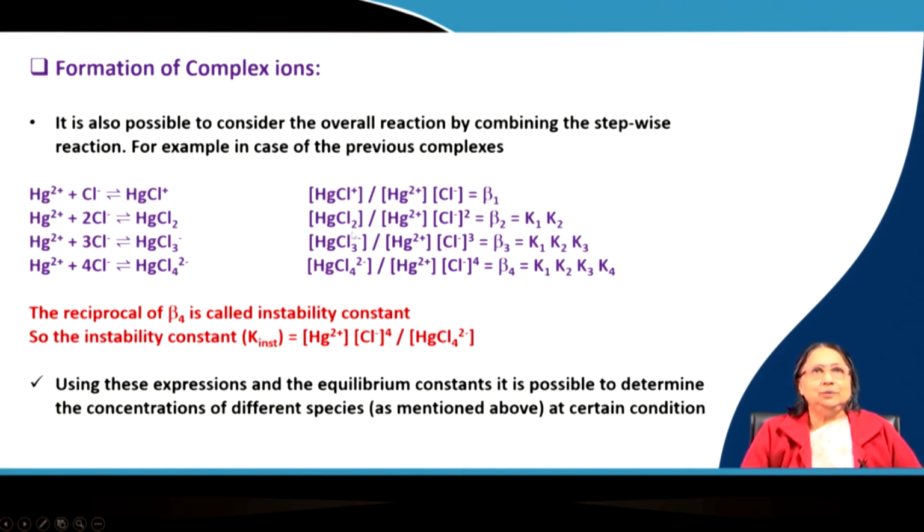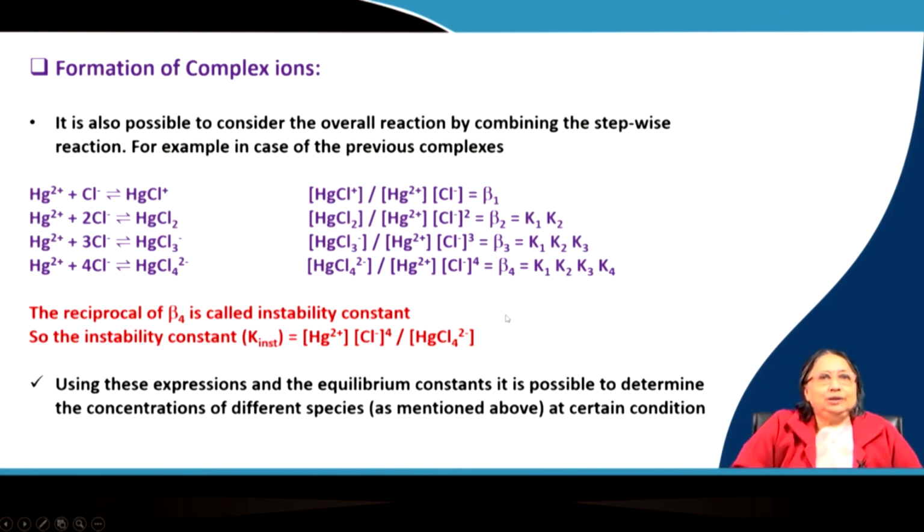And if we just do the homework, we will see that beta 2 is nothing but K1 K2, beta 3 is nothing but K1 K2 K3, beta 4 is nothing but K1 K2 K3 K4 like this. And if you take the reciprocal of the beta term, then it will be the instability constant. Now, it is written as K instability, K inst, and this is just the reciprocal. So, in case of beta 4, this is the reciprocal of this one. You can see if you take the reciprocal of this one, then it will become like this.